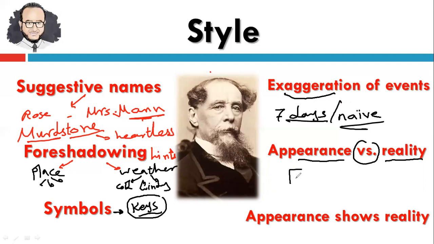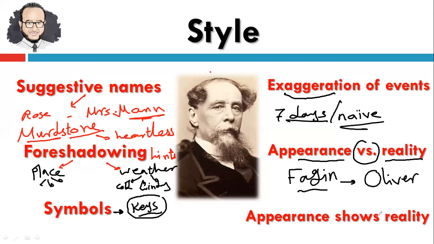One of the main characters in his novel, Fagin, at the beginning, when he met Oliver Twist in the novel of Oliver Twist, he was welcoming him as if he was a guest in a hotel, asking him to eat sizzling sausage and so on, as a kind of welcoming the boy. And he was treating or teaching him how to steal from people by a kind of game. He said that we are playing, we are having fun. The idea of appearance versus the reality.